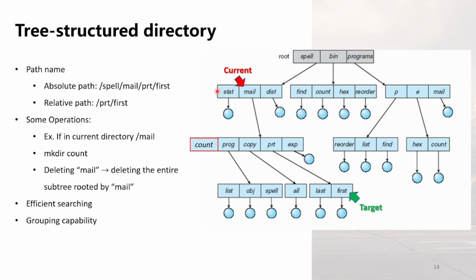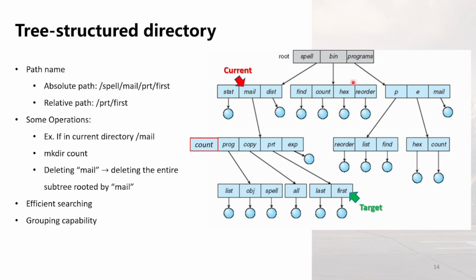Now, we are going to look at how directories are structured in an operating system using a tree-like hierarchy. At the top, we see the root directory. It includes 3 directories: spell, bin, and programs.